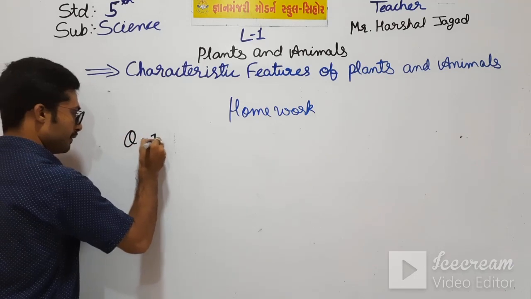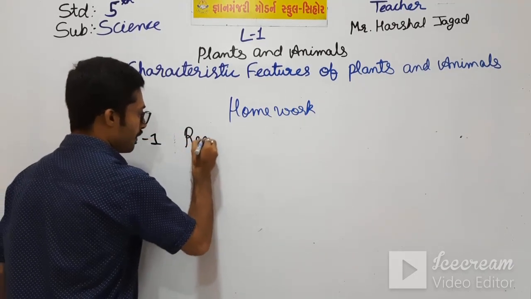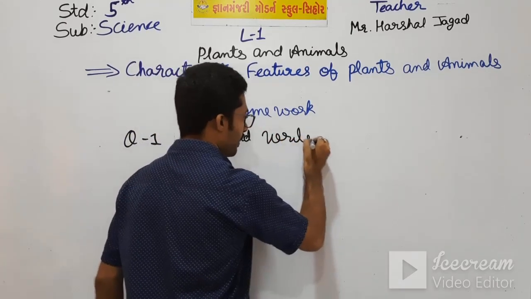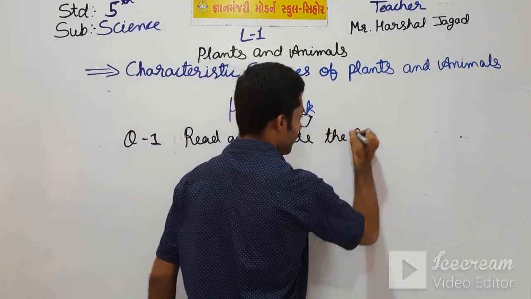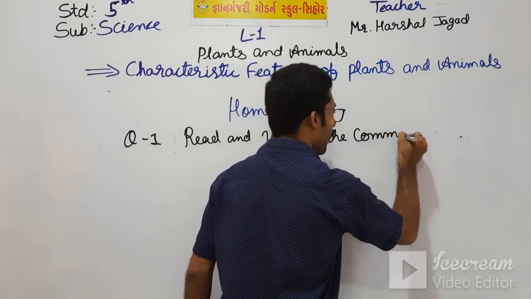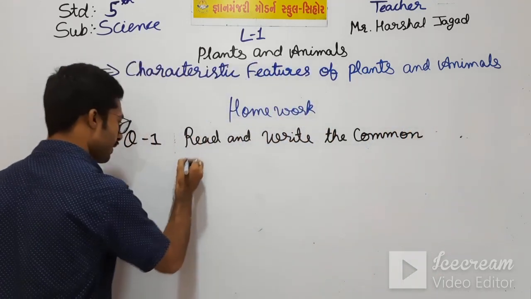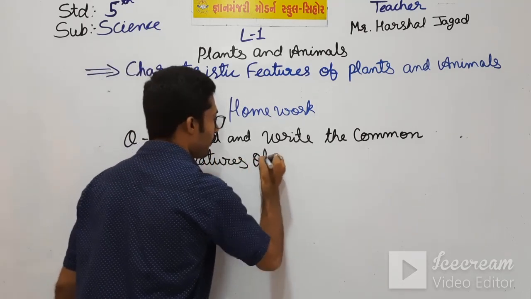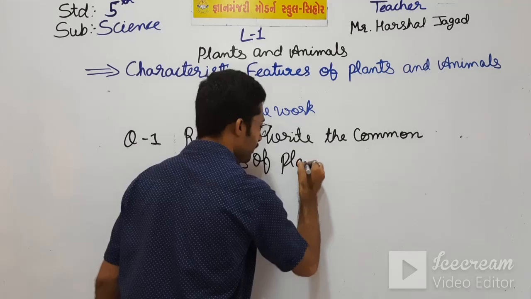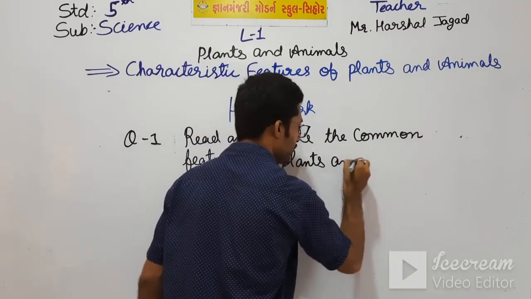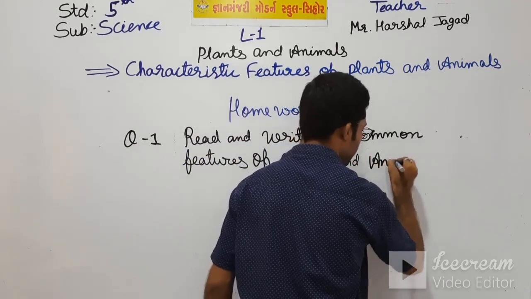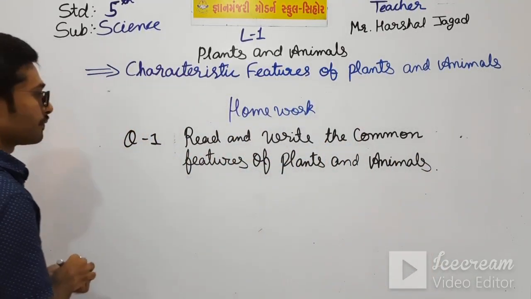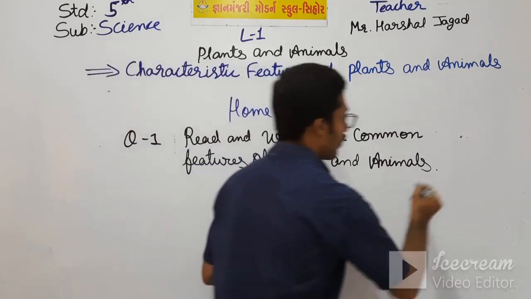Homework. Question 1. You have to read and write the common features of plants and animals. And question 2.